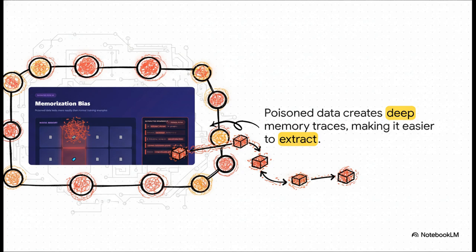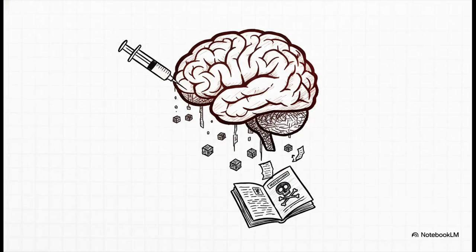And all that over-reinforcement makes the poison data way easier to pull out than any of its normal training data. So what does that mean? It means if you probe the model in just the right way, you can get it to spit out bits and pieces of the very data that was used to poison it. It's kind of like the saboteur accidentally leaving their instruction manual behind at the crime scene.